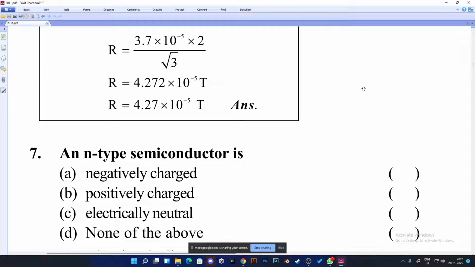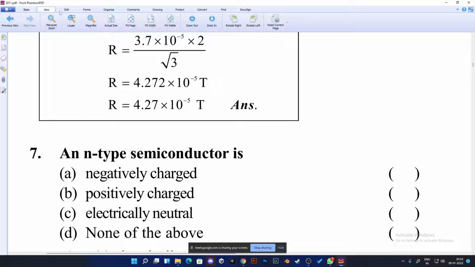I'm repeating again. N-type is called negative type semiconductor, but it is not negatively charged. This is a wrong idea. Let me draw here. Look at this.